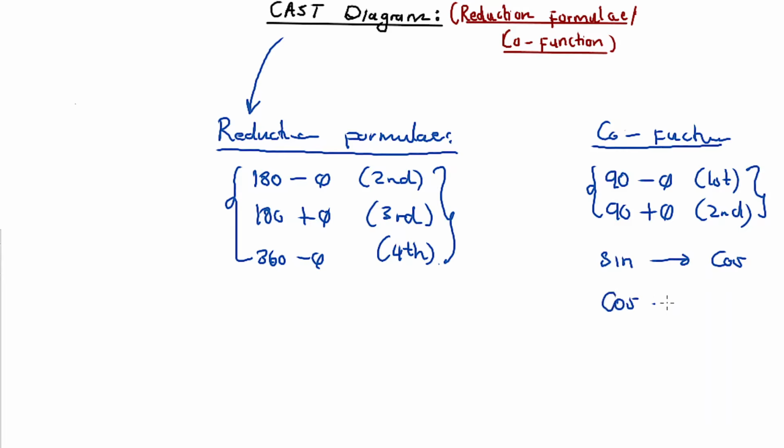The cos changes to sine. Don't make the mistake of treating the reduction formulas as co-functions, like after solving your formulas, then you change to the other function. No, no, no. It only applies to co-functions.